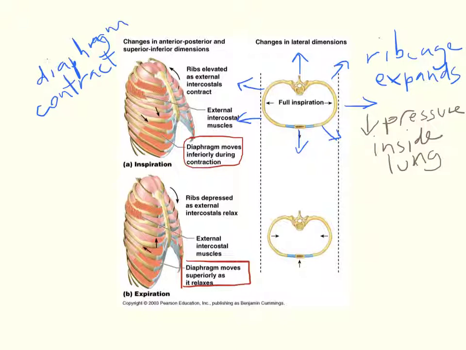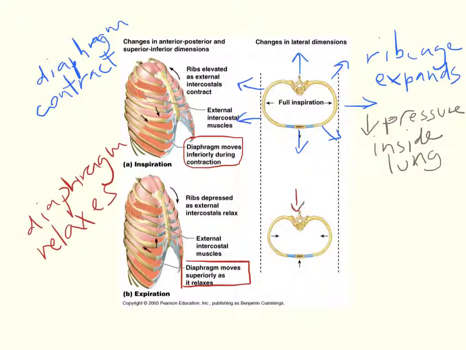Now, the opposite occurs during expiration. So when the diaphragm relaxes, what happens is that the rib cage becomes smaller again.